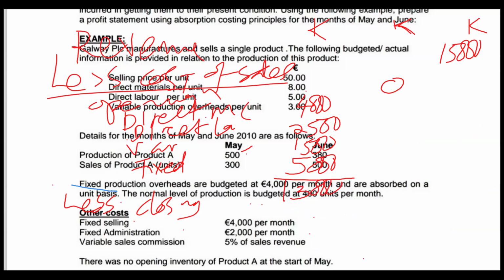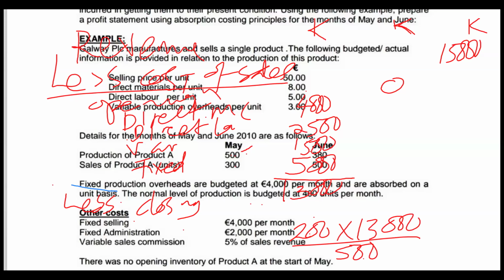The units that were sold were 500 minus 300, that is 200, right? 200 times 13,000 divided by 500.